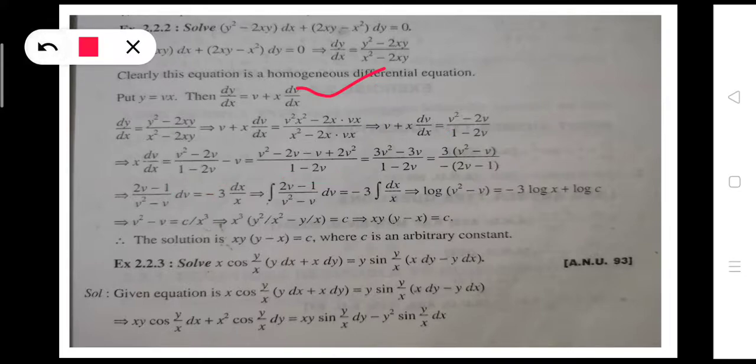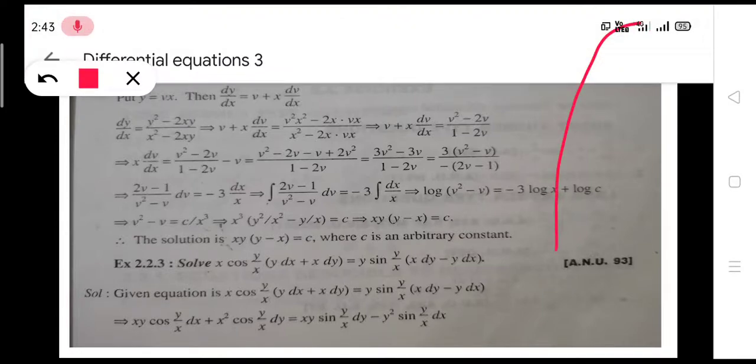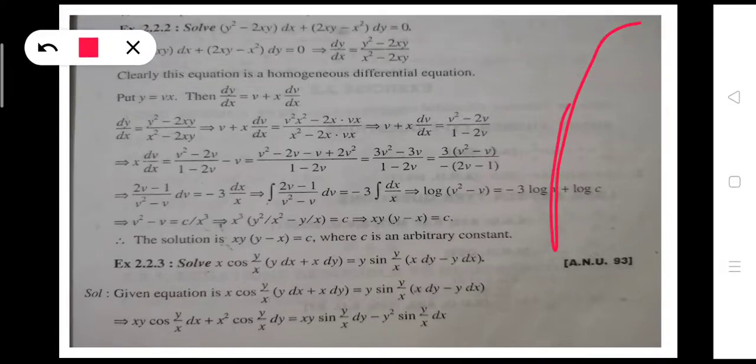Okay. Now continue the next problem. Solve x into cos y by x into (y dx plus x dy) is equal to y sin y by x into (x dy minus y dx). This is the given differential equation.